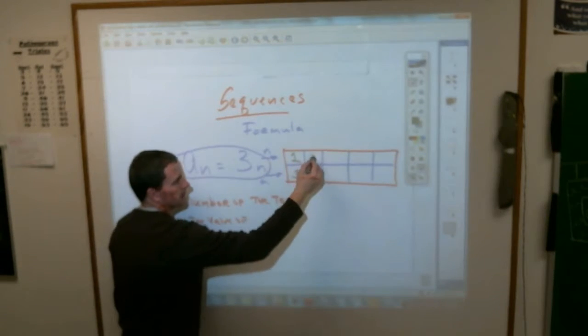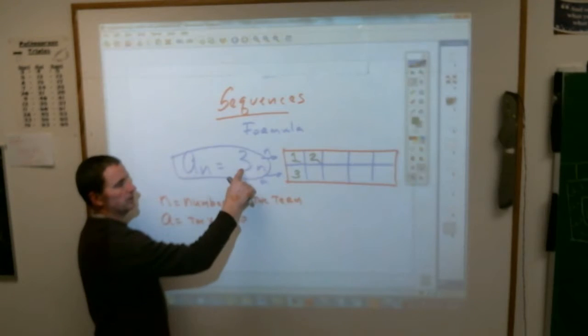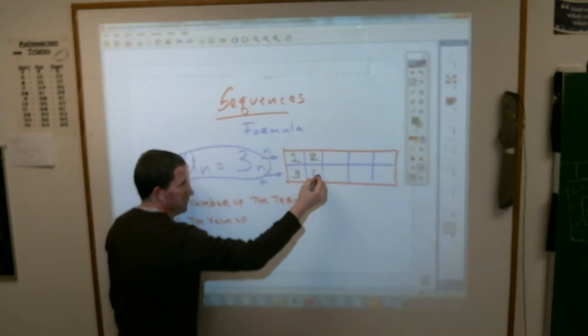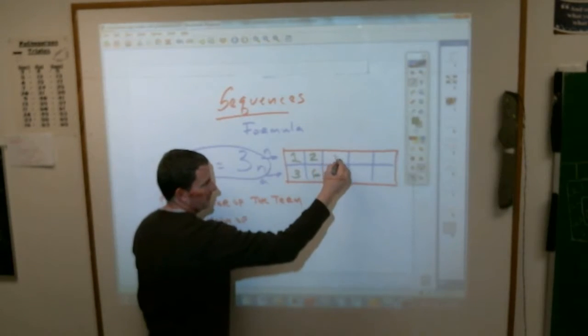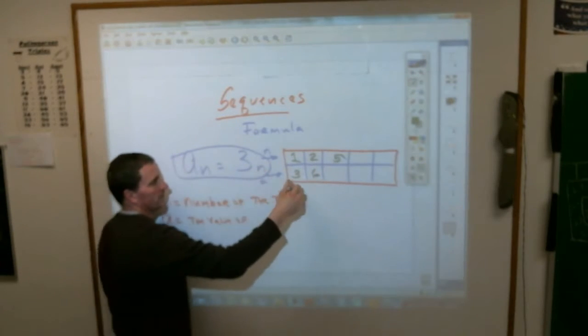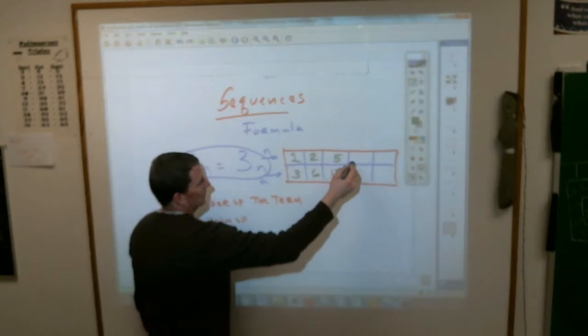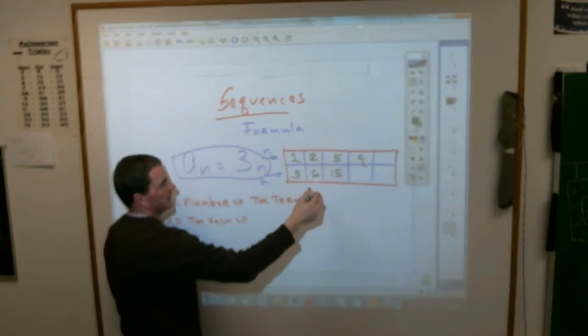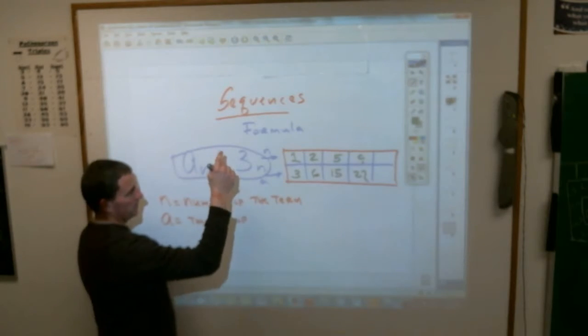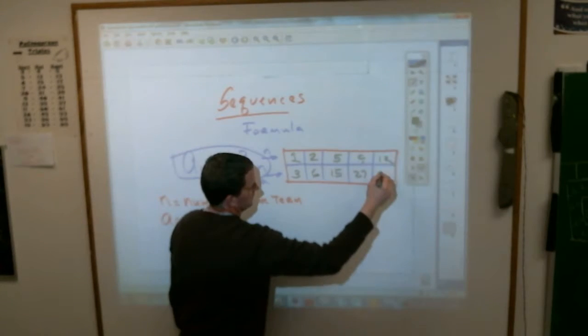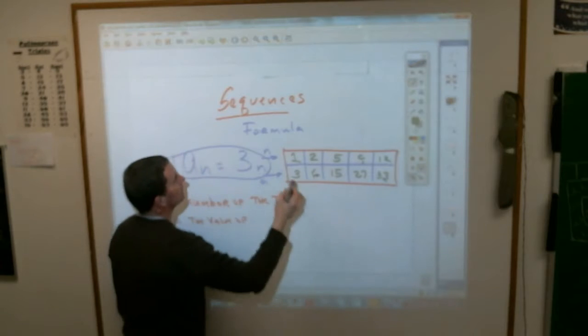The second term, 3 times 2 is 6. The fifth term, 3 times 5 is 15. The ninth term, 3 times 9 is 27. And the 12th term is 3 times 12, 36.